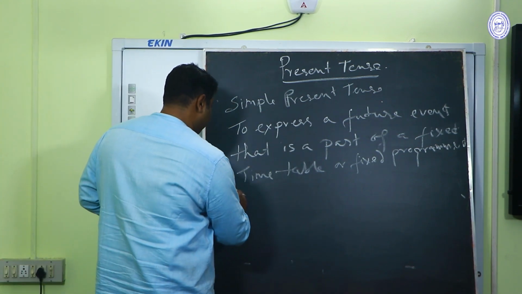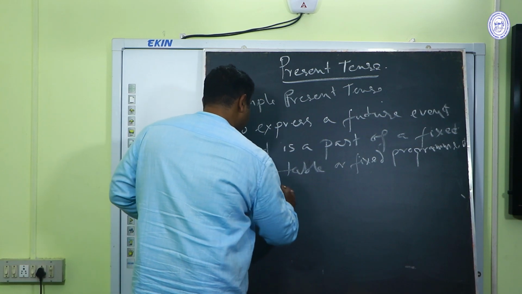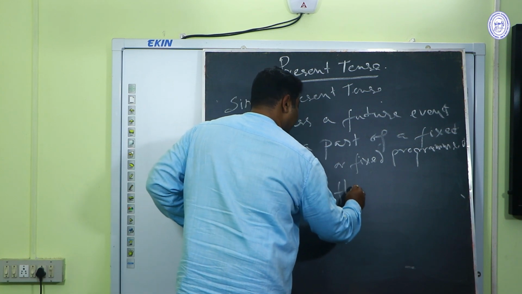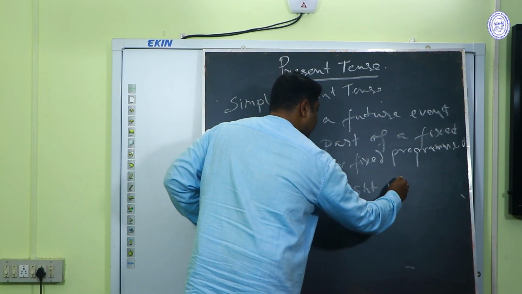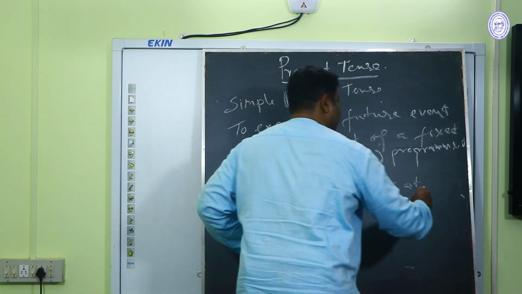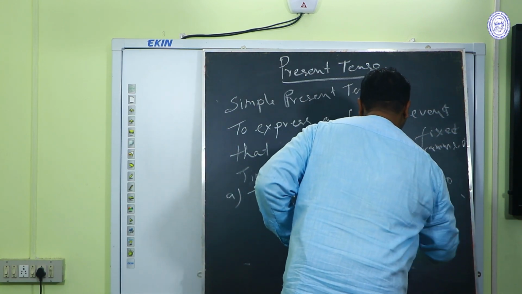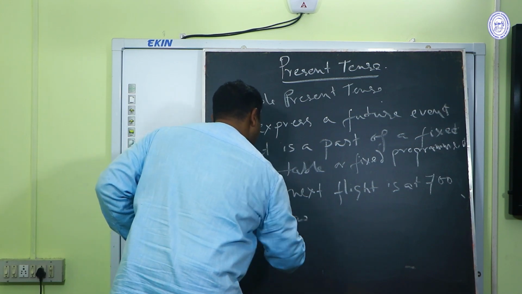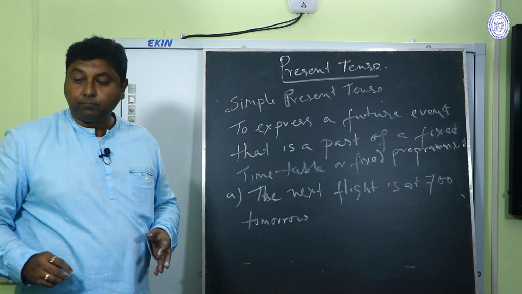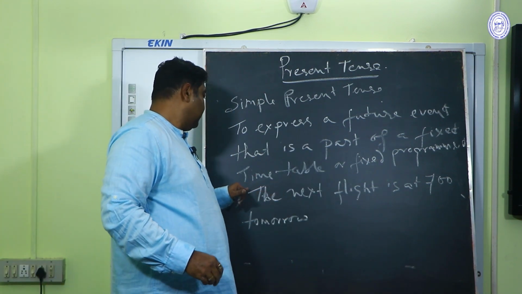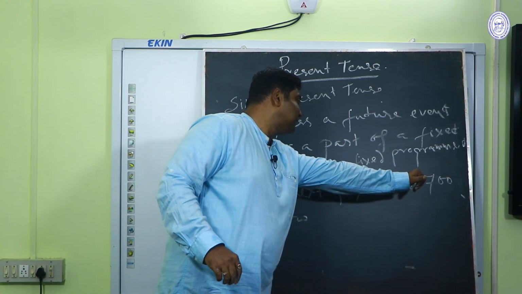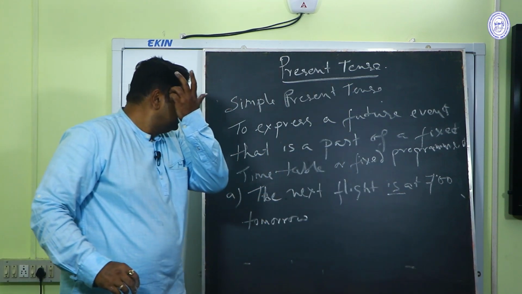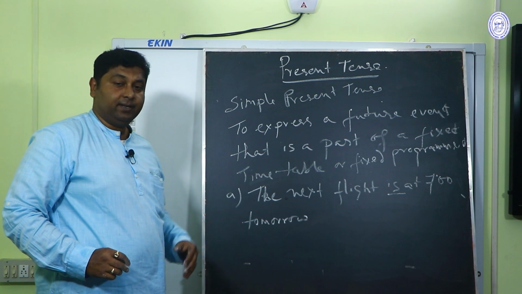See, clear? The next flight is at 7 tomorrow. The simple present tense is here, "is".